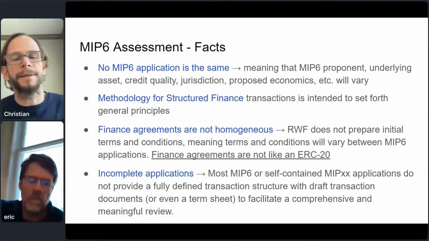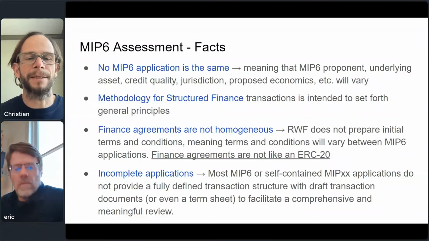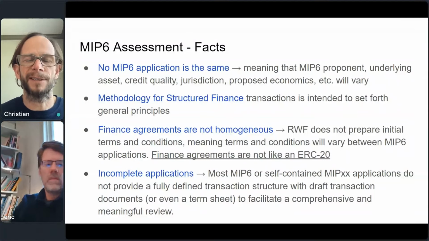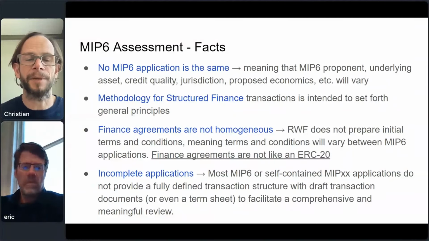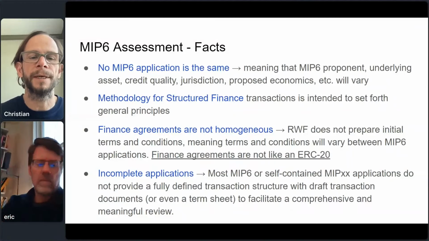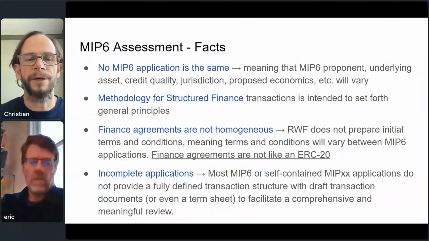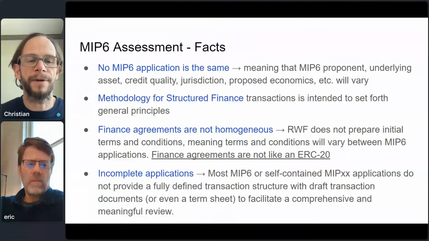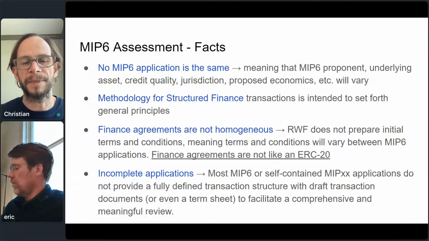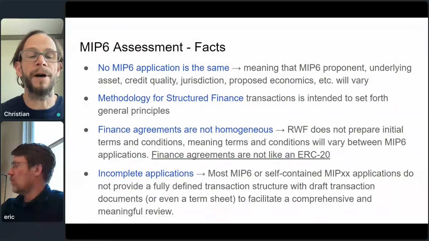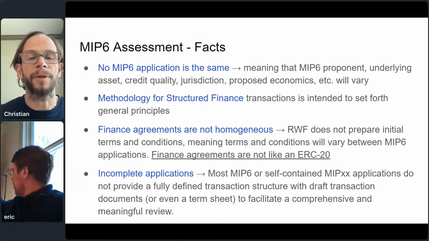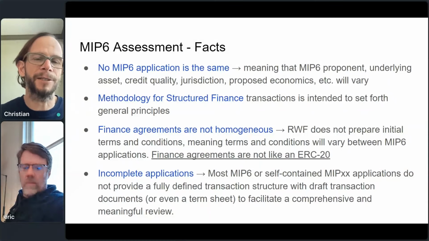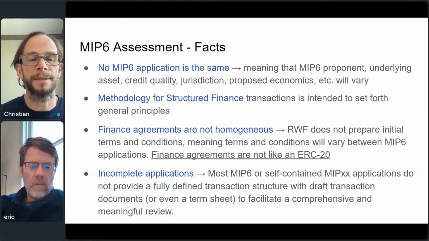The diversity is great, it just makes things a bit more complicated. We try to address some of that complication by publishing in mid-January a methodology for structured finance, to identify general principles that MIP6 applicants should try to follow when submitting an application. Again, trying to homogenize the process a little bit.